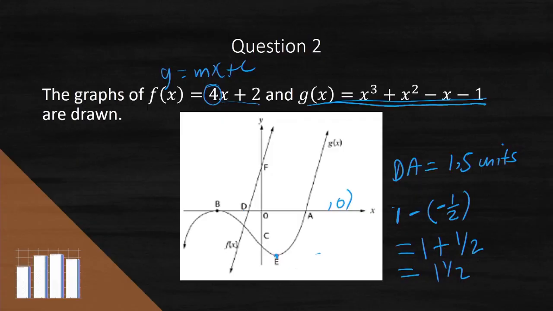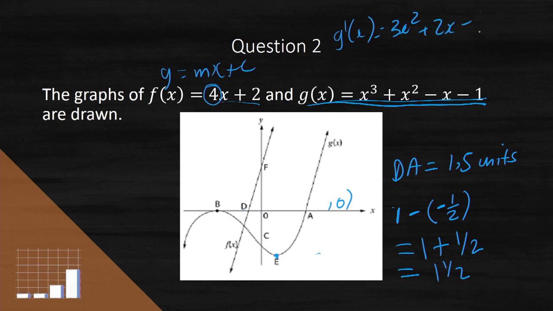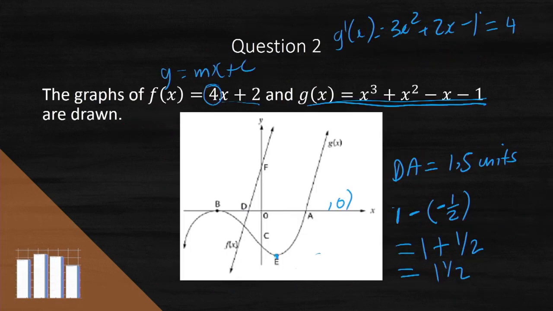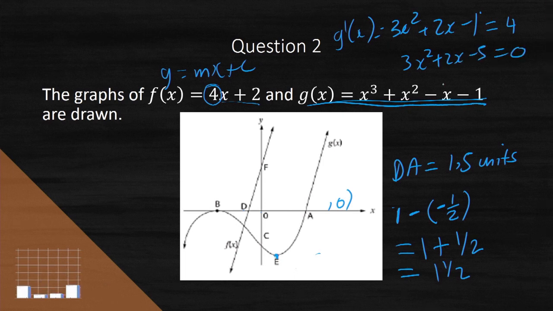Let's quickly do that on the screen. So we'll get the gradient of g of x is equal to 3x squared plus 2x minus 1. And we want to know where that gradient is equal to 4. So we equate those two, and we're going to solve for x. So we get 3x squared plus 2x minus 5 is equal to 0.